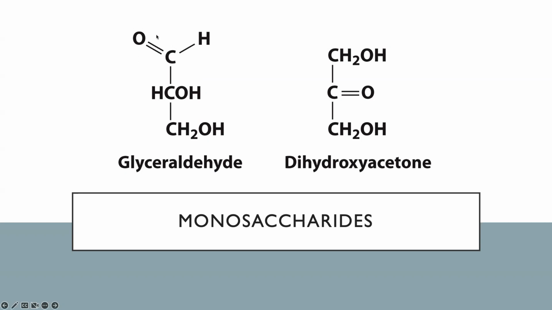So an aldose is going to have that carbonyl carbon on the first carbon. A ketose is going to have that carbonyl carbon on the second carbon. In nature, we don't really see it on the third or even fourth carbon. So what you're going to want to look for is that second carbon for identifying a ketose.